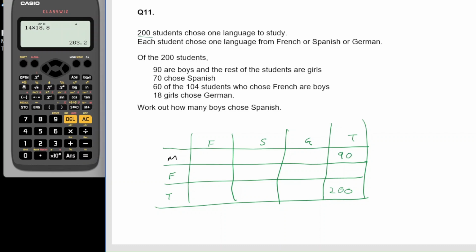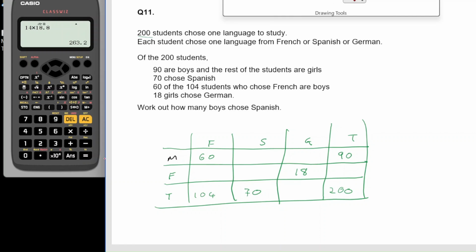I know I can work out girls, but I'm just taking the information from the question. 70 chose Spanish. 60 of the 104 students who chose French are boys, so the French total is 104 and the total for boys is 60. 18 girls chose German, so female and 18 there. That's my first layer of entering data into my two-way table.